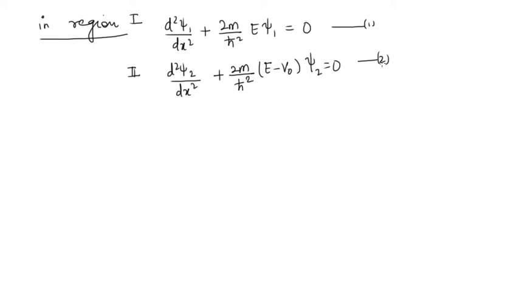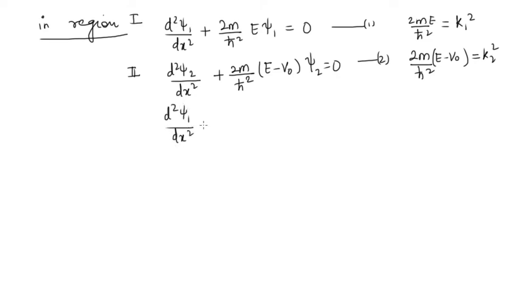So now, calling 2m upon h cross square into E equal to k1 square, and 2m upon h cross square (E minus V naught) equal to k2 square, we get the two equations as d2 psi 1 upon dx square plus k1 square psi 1 is equal to 0, psi is a function of x.